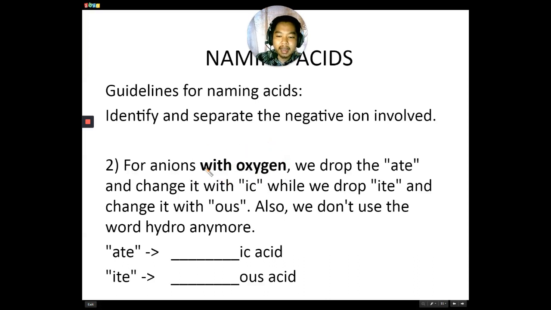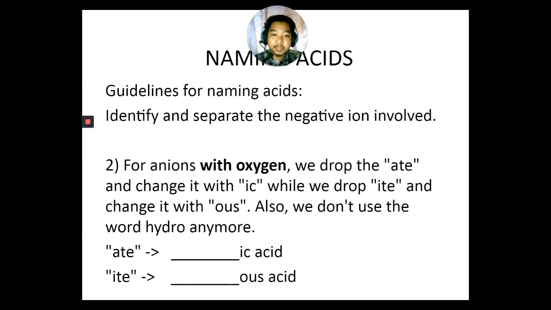So what happens if there's an oxygen? This is a bit tricky now, because usually our acids with oxygen involve anions that are polyatomic. If you can still remember our polyatomic ions, these are ions clumped together. They're almost like compounds, but they are charged.